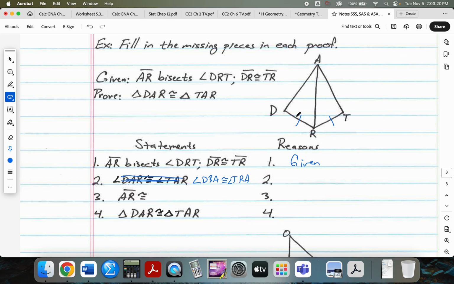If we bisect angle DRT, that's down here at the bottom. So these two angles are going to be congruent to each other. I know that because it told me I had a bisector, so that's the definition of angle bisector.